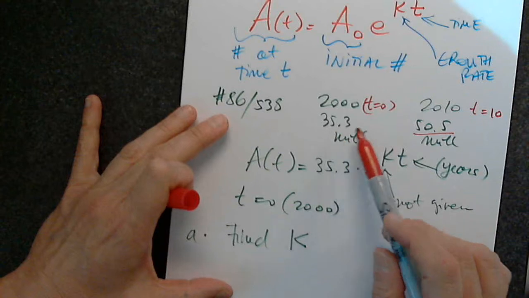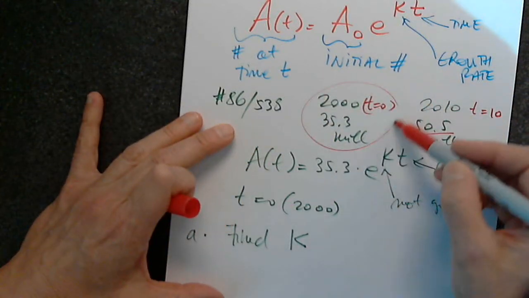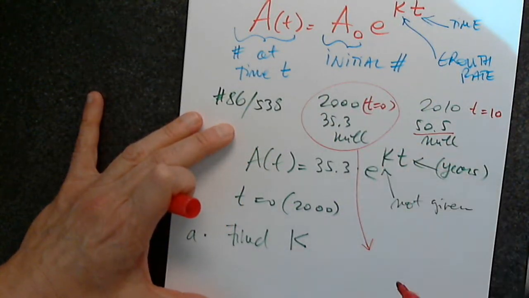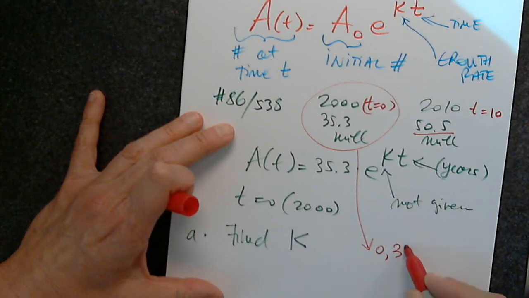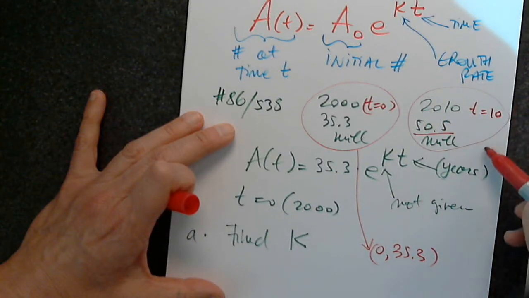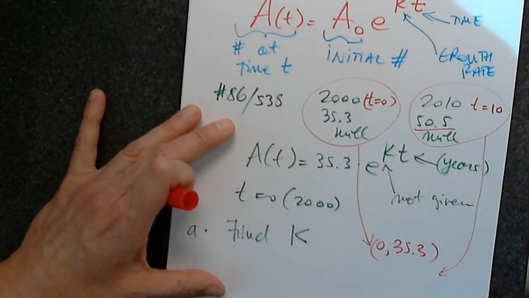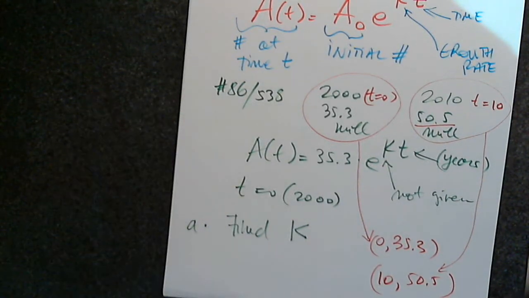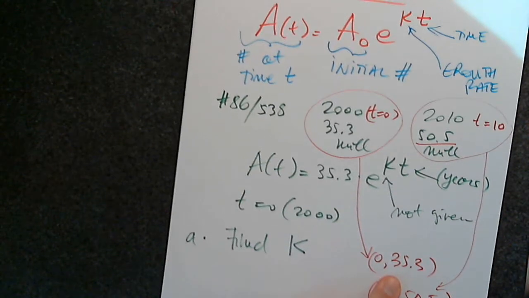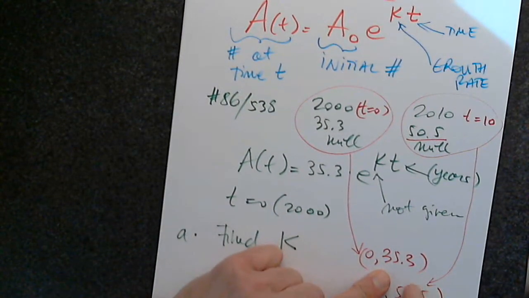So obviously, can anyone give us a point, an ordered pair for this? 0, comma, 35.3. Very good. So now for this one, can anyone give us a point? 10, comma, 50.5. Very good. This was already put in the calculation. How do I know?